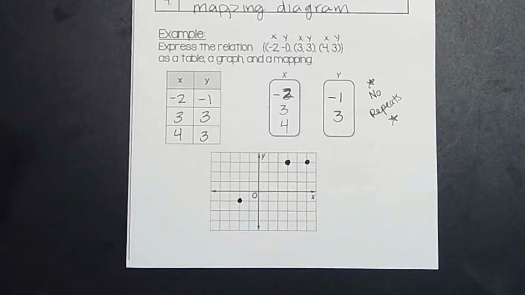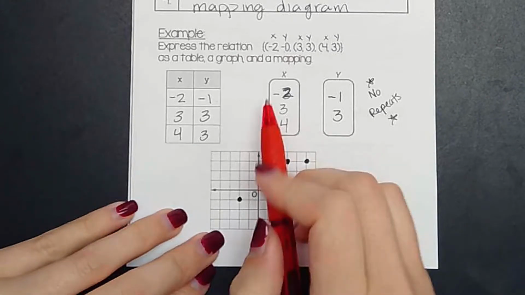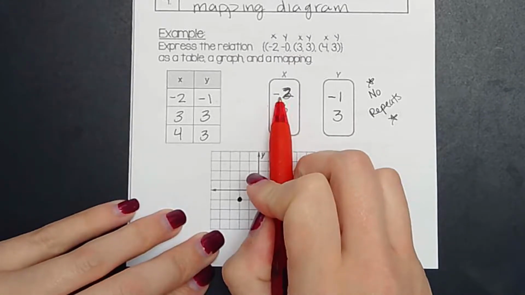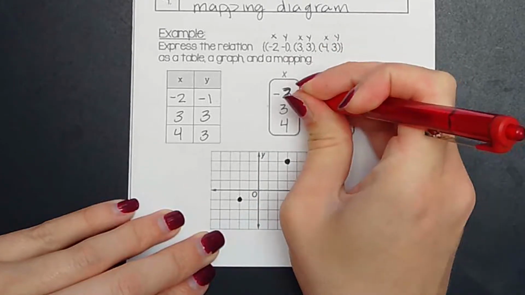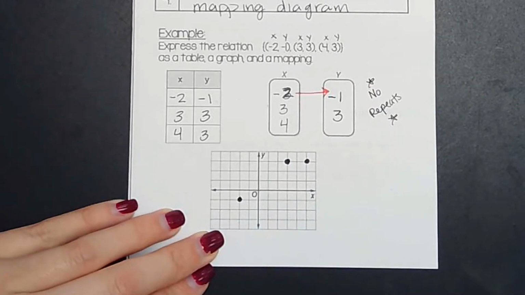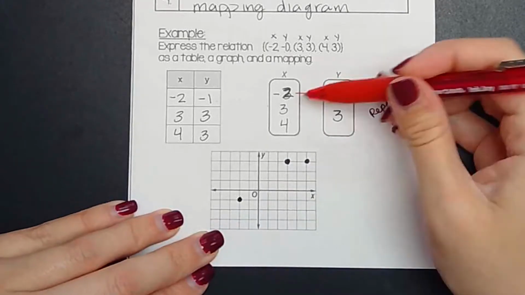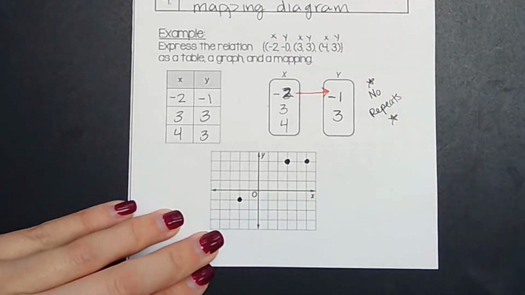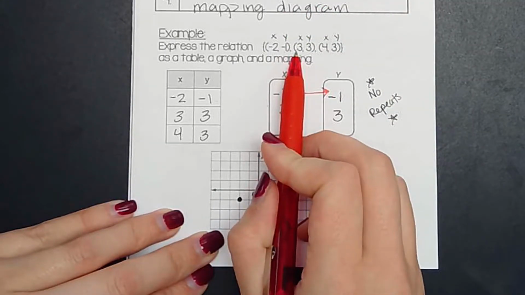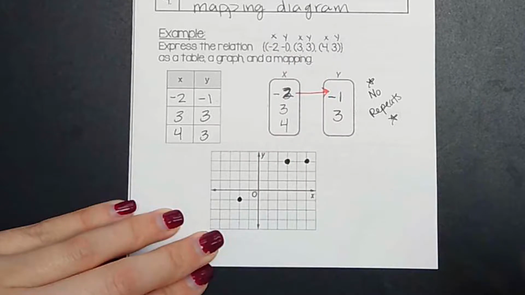To make this an actual mapping, I need to say which x values are connected to which y values. So to do that, I would say -2 maps to -1. So I draw an arrow from -2 to -1. I know that these go together because that's what my first ordered pair is. My next pair says an x value of 3 has a y value of 3.